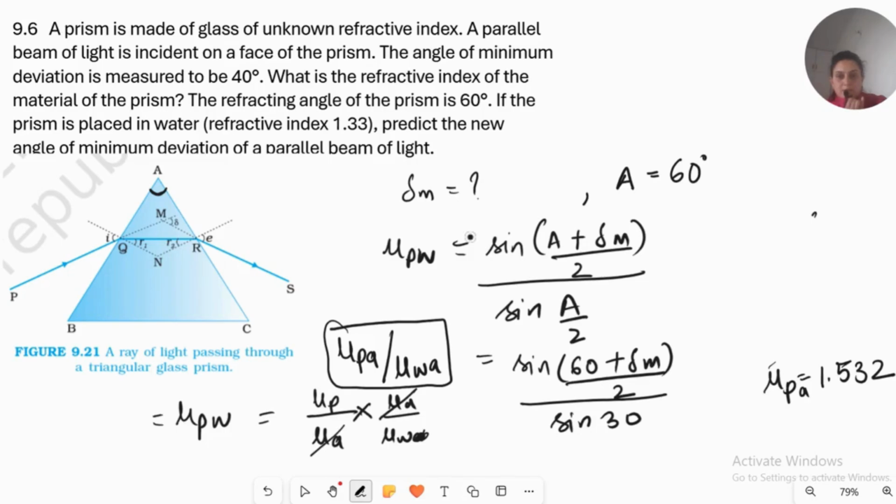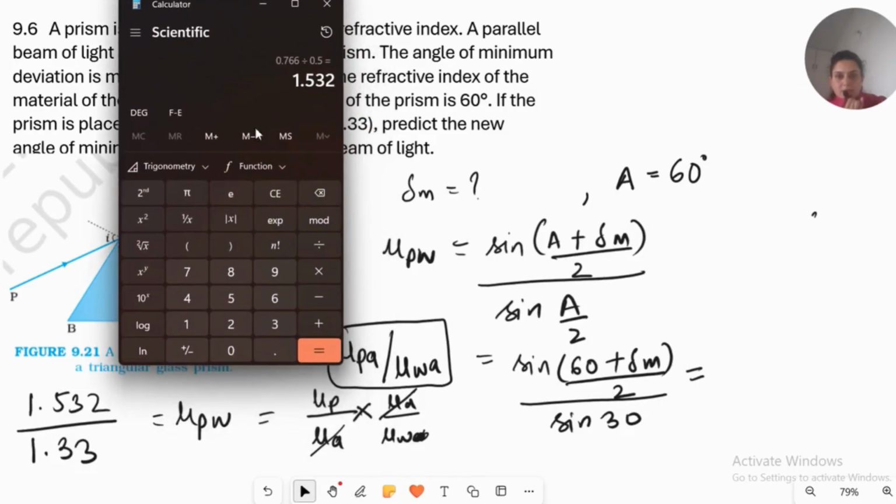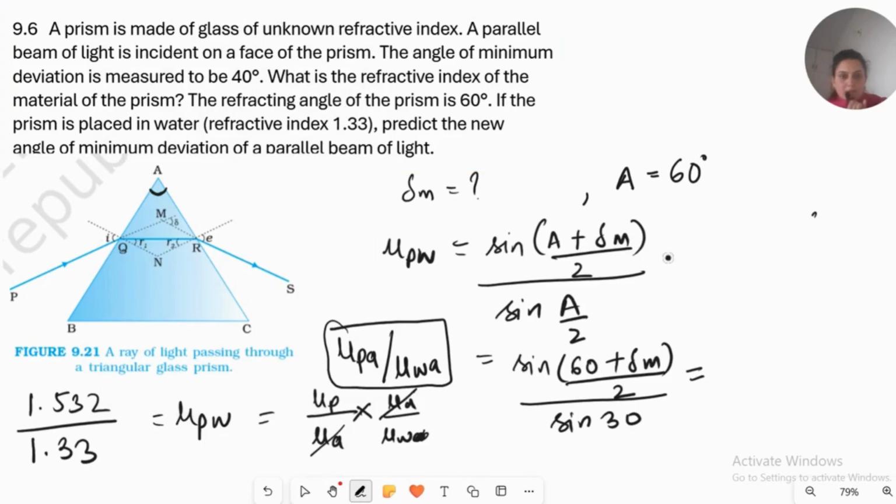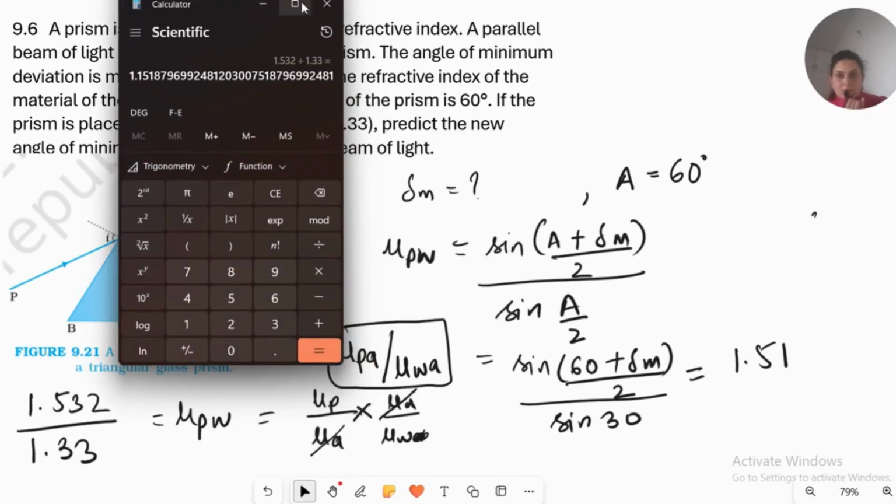Applying all this, the mu of prism we found to be 1.532 and the refractive index of water is 1.33. Using the calculator, 1.532 divided by 1.33 will give you 1.151.